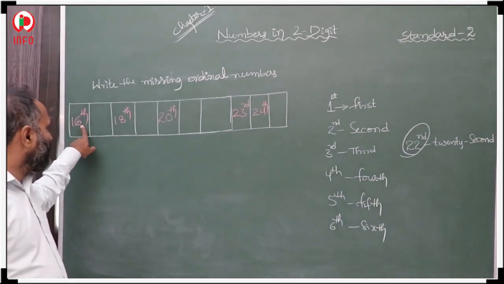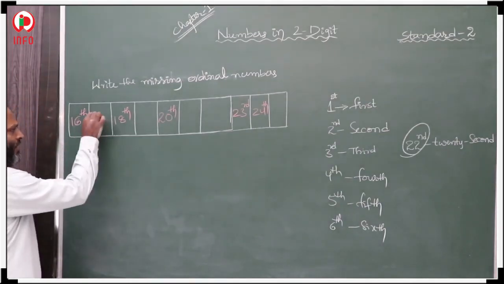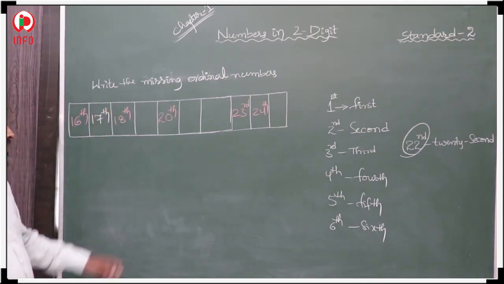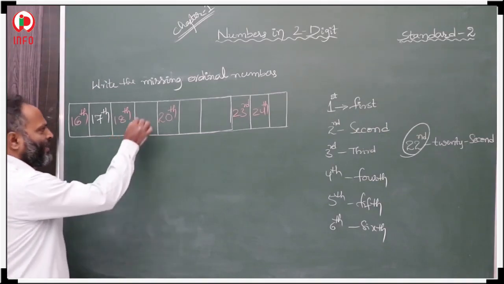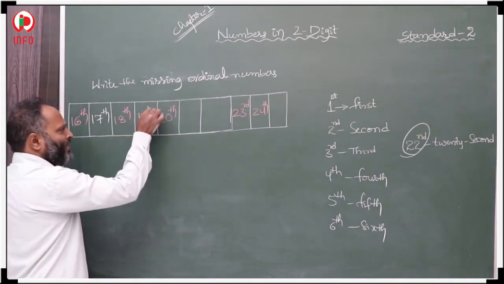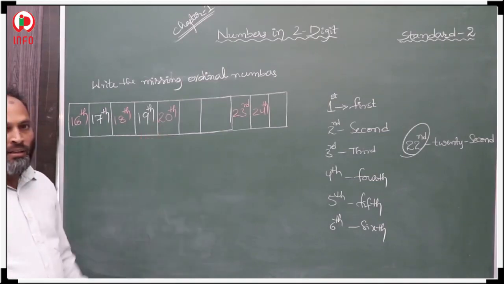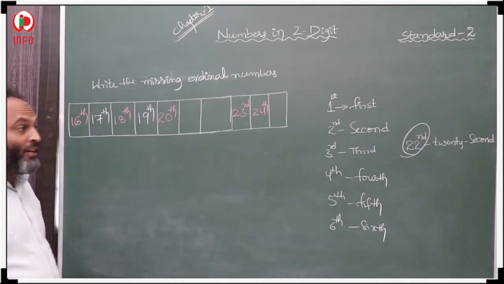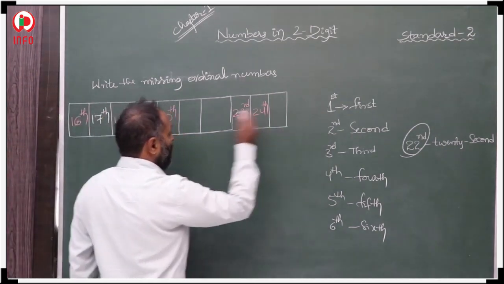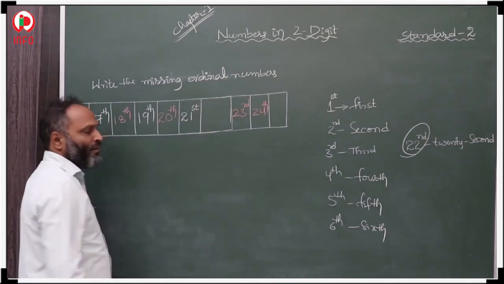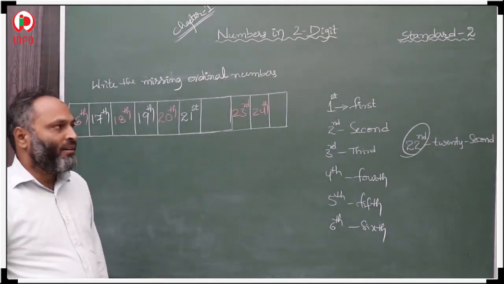Here 16th, after 16th, 17th will come. 17th, 18th, after that 19th, then 20th. After 20th, 21st. 21st is the ordinal.